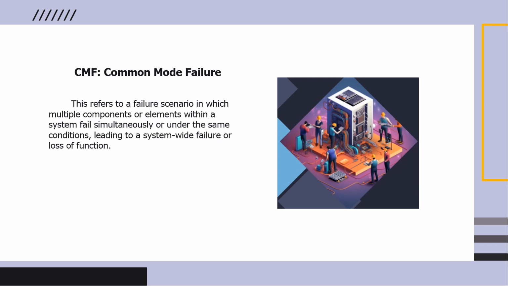So this refers to a failure scenario in which multiple components or elements within a system fail simultaneously or under the same conditions, leading to a system-wide failure or loss of function. So this common mode failure means that several functionalities of this equipment will actually fail due to one segment of the equipment going bad.